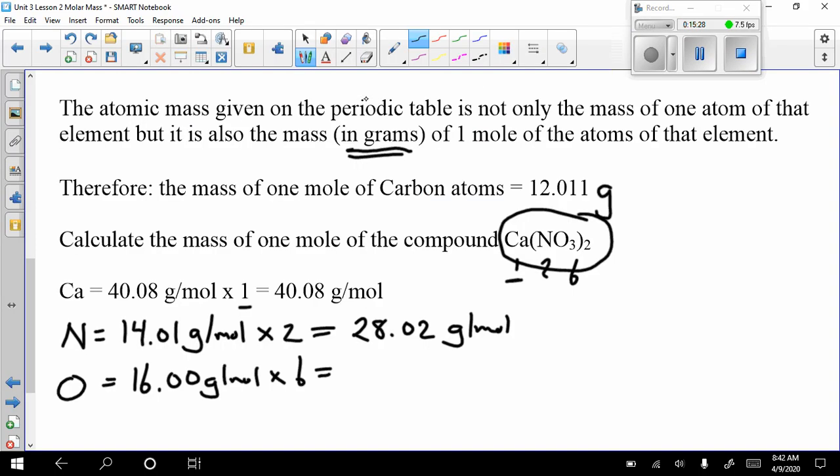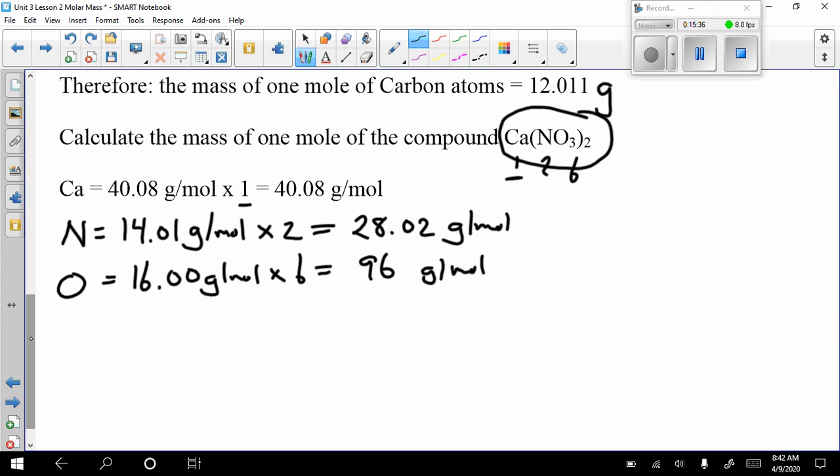Okay, so it's 96 grams per mole. And then all I got to do now is add those up. And so it's 40.08 plus 28.02 plus 96. Here we go.